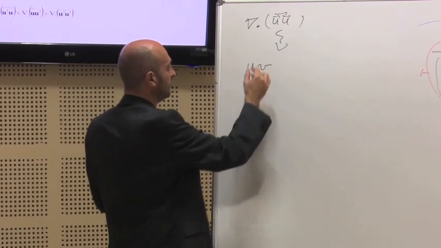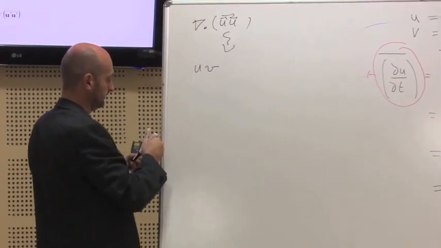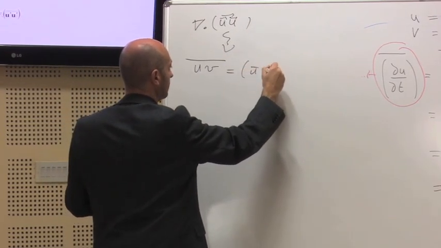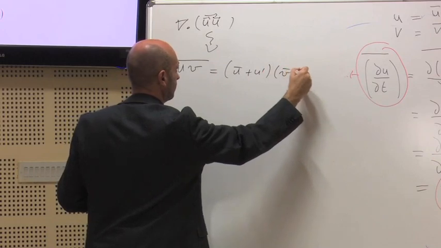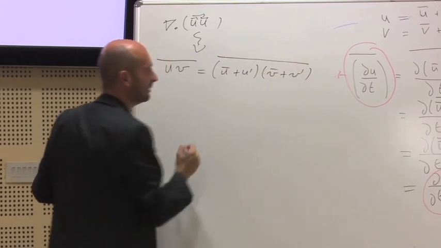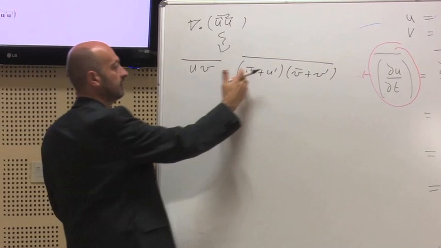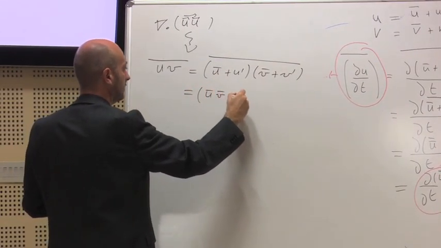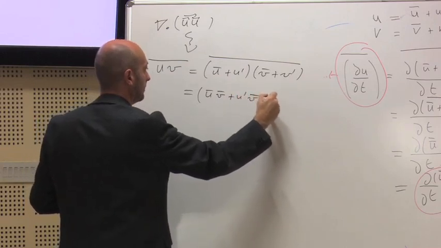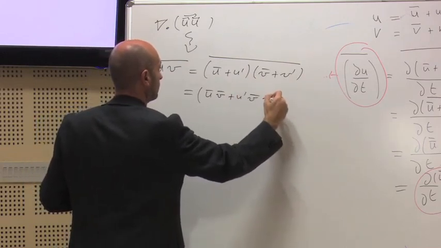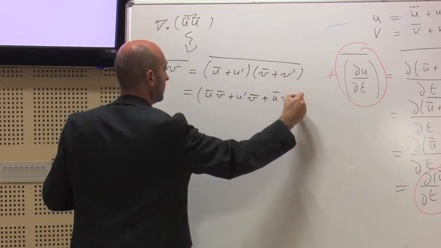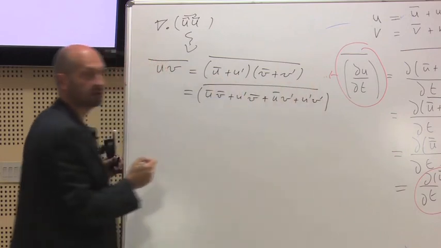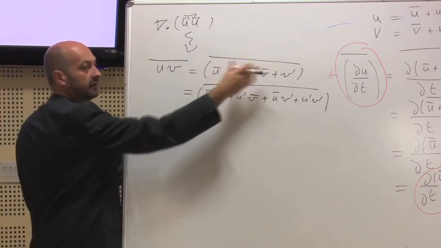If I take the average of that, so that will be again the average of (u bar plus u prime) times (v bar plus v prime). So I can develop this, so that will be u bar v bar, u prime v bar, u bar v prime, u prime v prime, and still the average. I just expand this product.